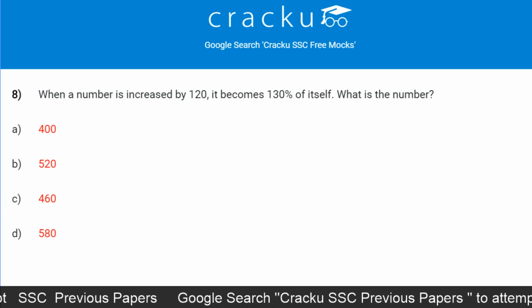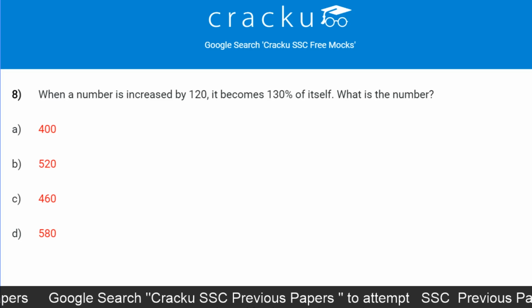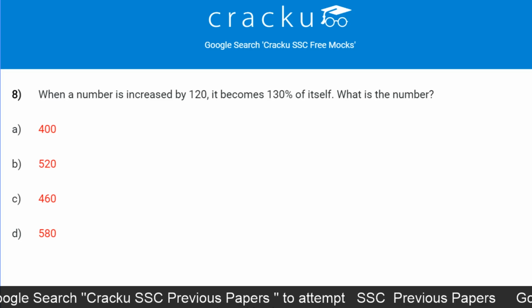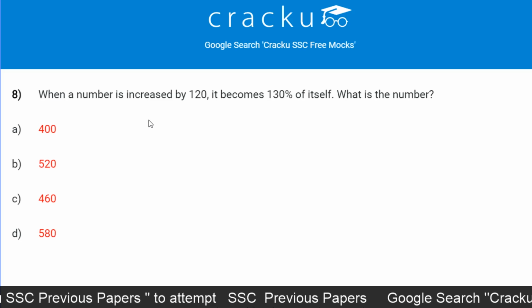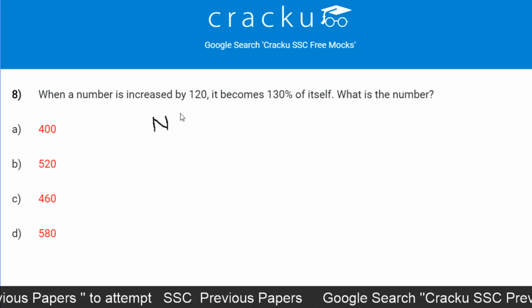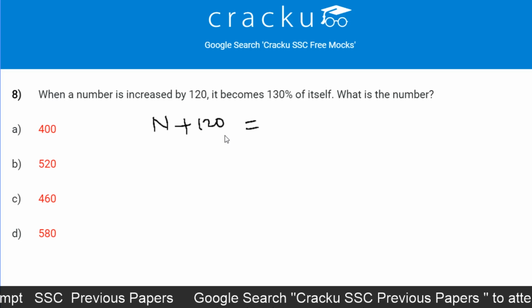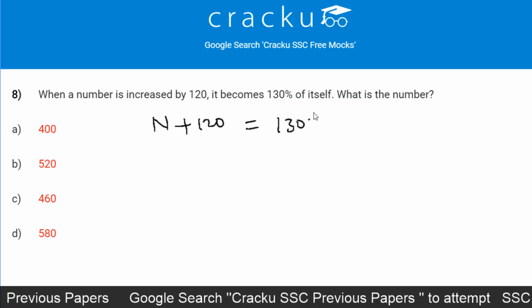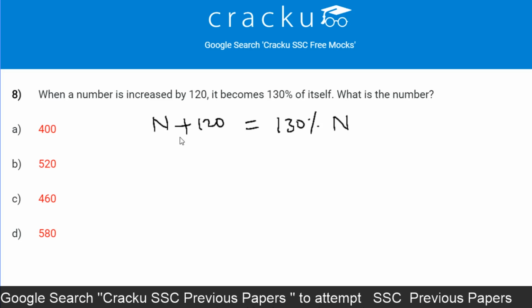Next question. When a number is increased by 120, it becomes 130% of itself. What is the number? Okay, let's assume the number to be n. What's given? If this number is increased by 120, the number becomes 130% of itself. So itself is n.